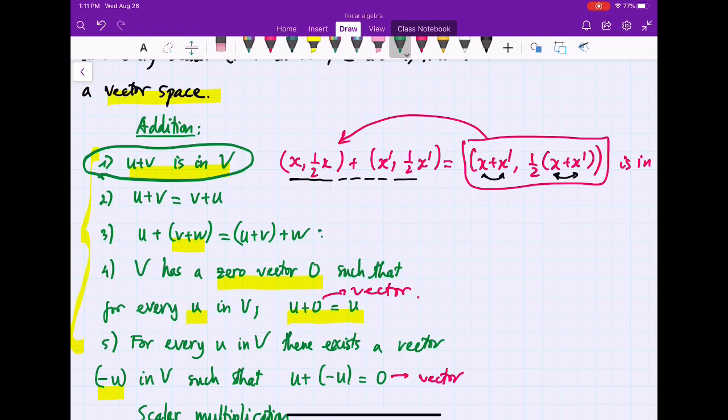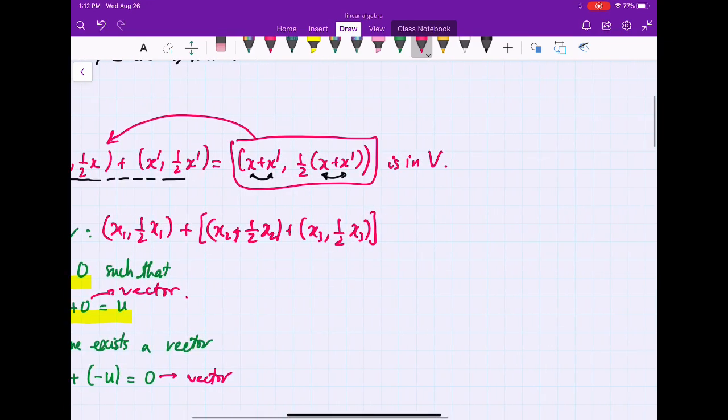Look at this. So let's say you have x1, 1/2 x1, plus parenthesis x2, 1/2 x2, plus x3, 1/2 x3. Okay, so if you add these two vectors first, you get x2 plus x3, 1/2 x2 plus x3.